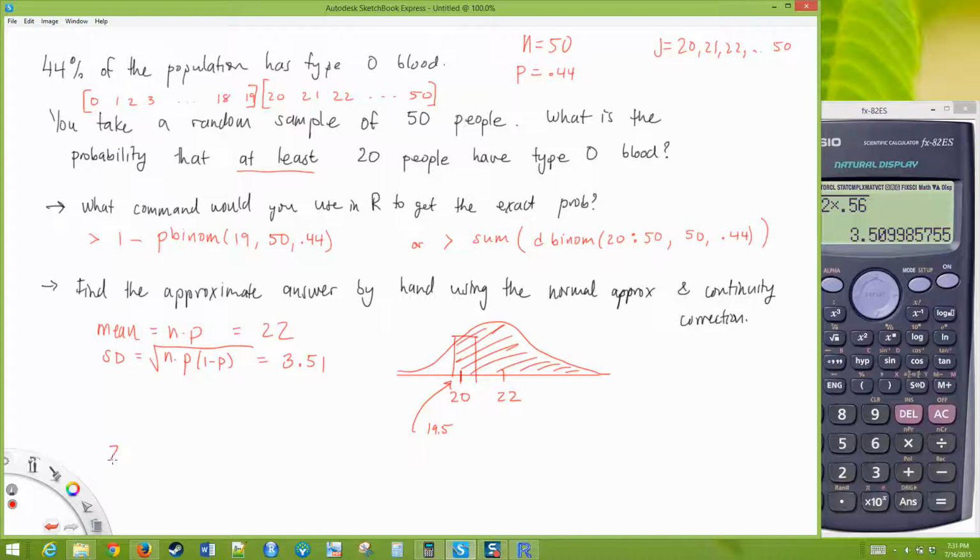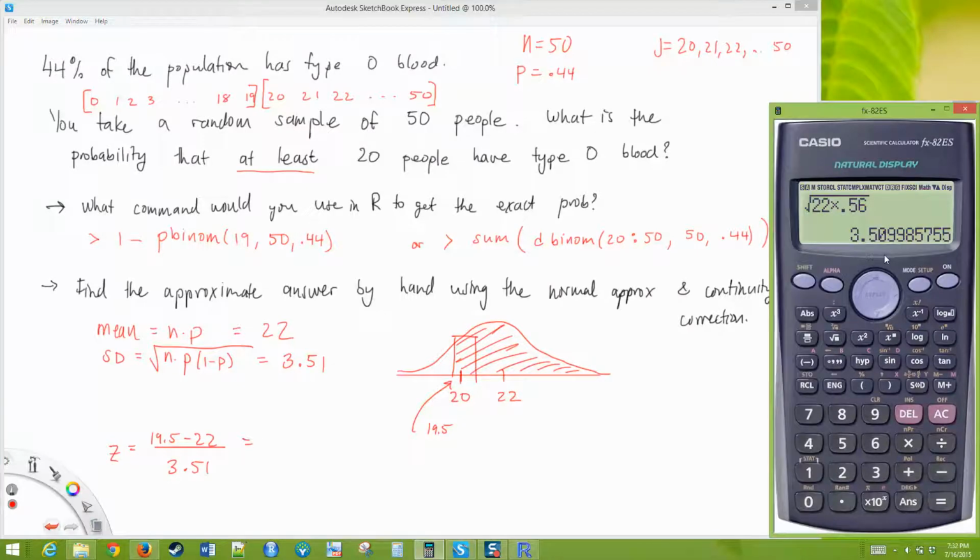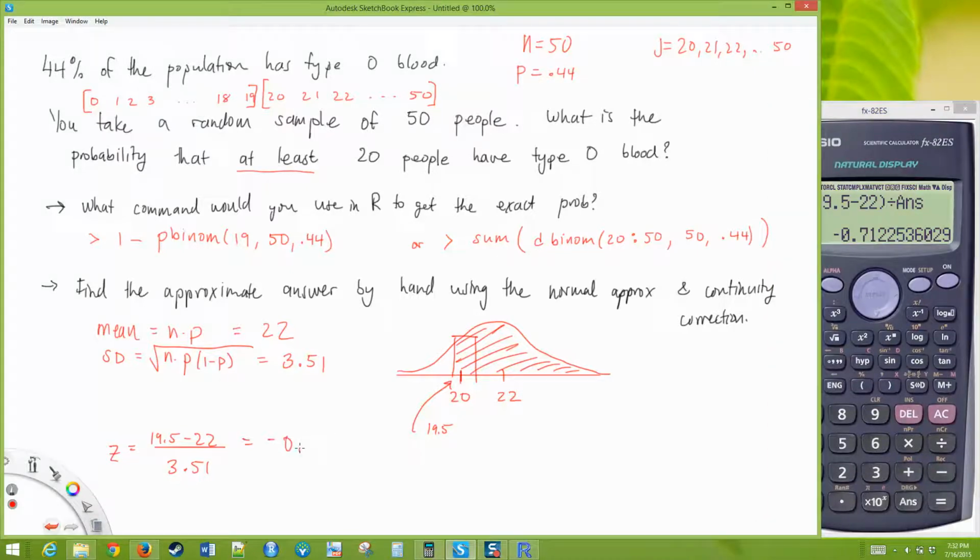So my z-score is going to be 19.5 minus 22 divided by 3.51, and I get negative 0.7122. So I look this up in my z table.